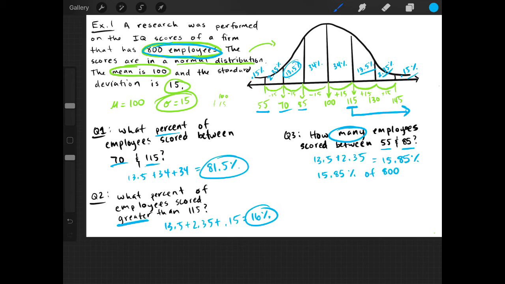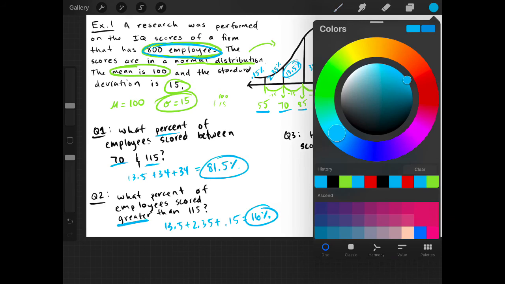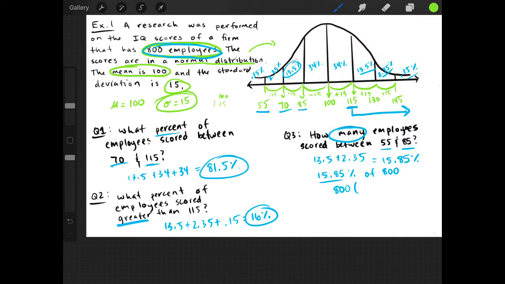We're just going to go 800 times our percentage. We don't use 15.85. If you remember how to multiply by percentages, we take that decimal and scooch it back 2 places, so we multiply by 0.1585 in this case. If it was a solid 16%, you would just multiply by 0.16.